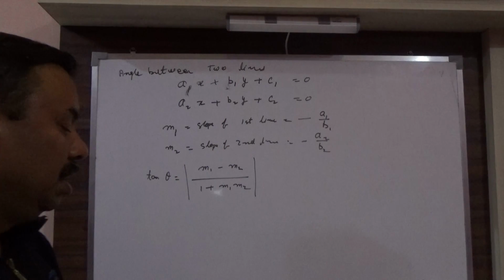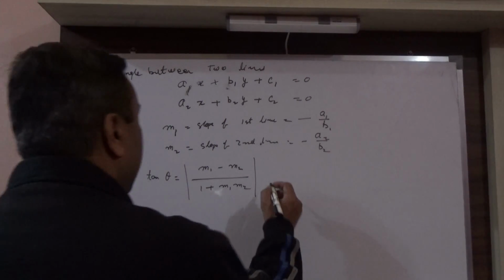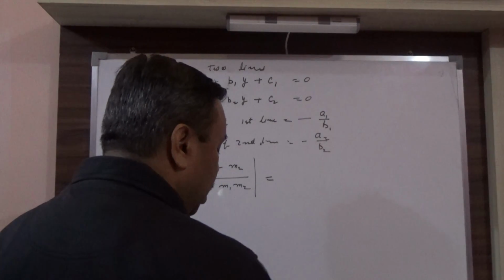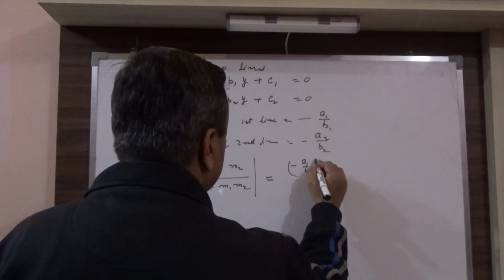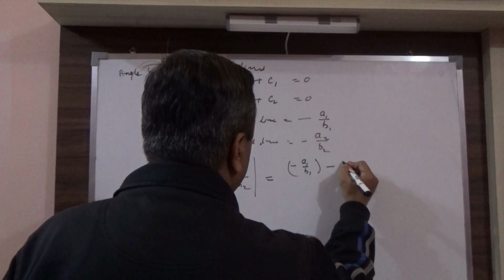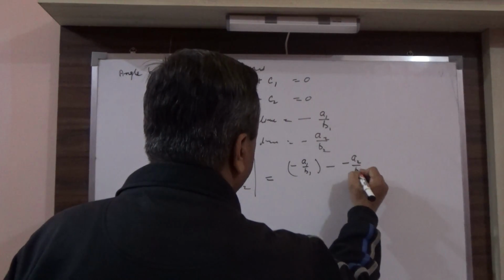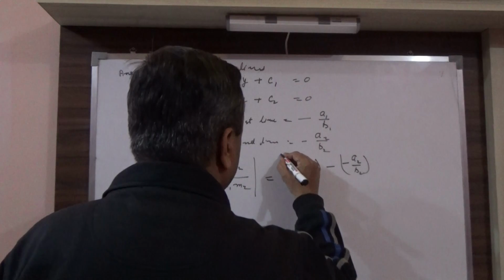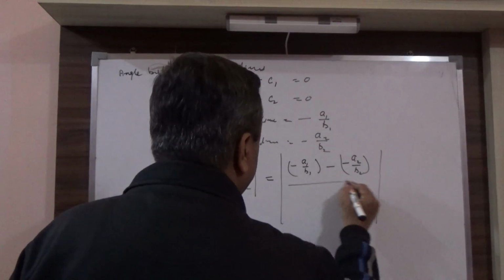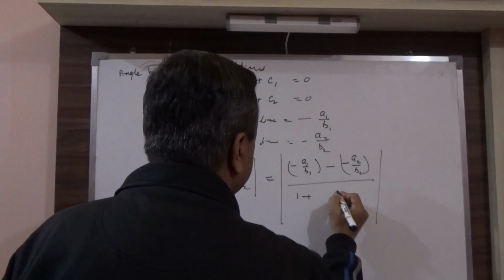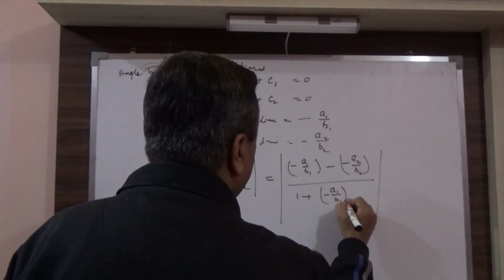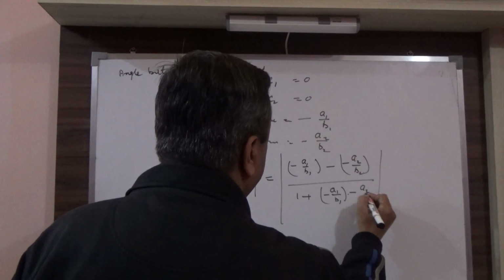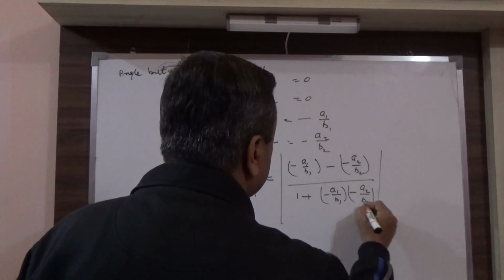Now using this, I can say it will be minus a1 over b1 minus minus a2 over b2, divided by 1 plus minus a1 over b1 times minus a2 over b2.